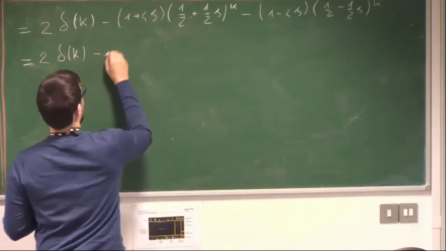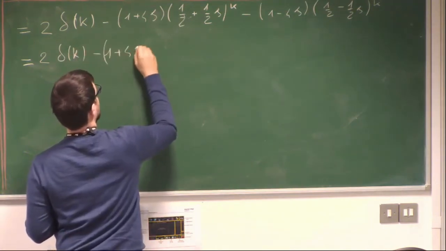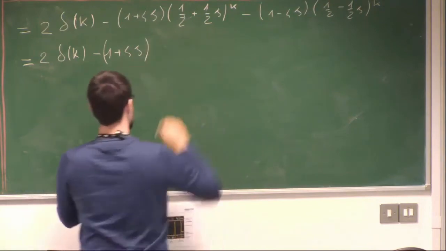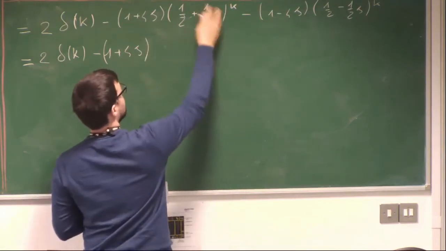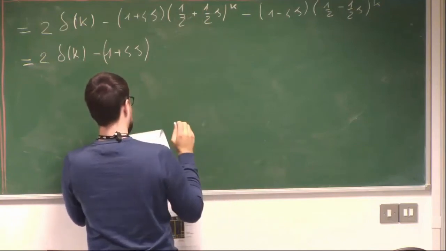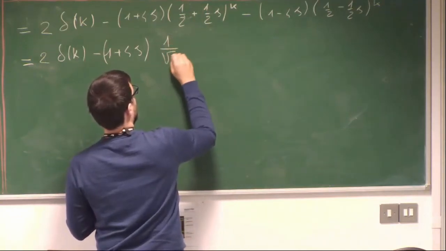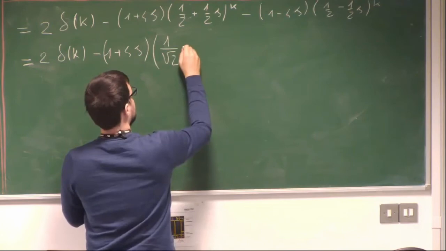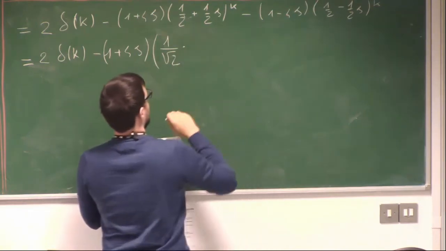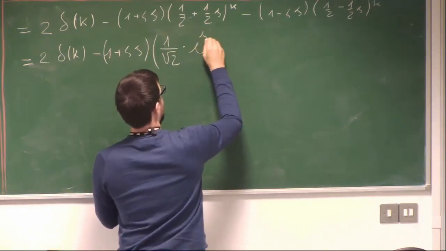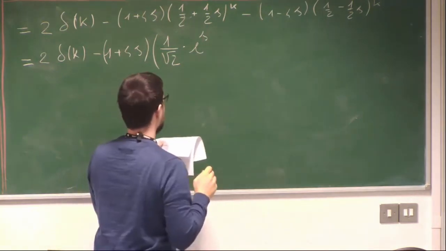And here we have 1 plus 4j. Now we want to write this in polar form. So the absolute value of this term is 1 over square root of 2, times e to the power j, and then we want to put the angle over here.